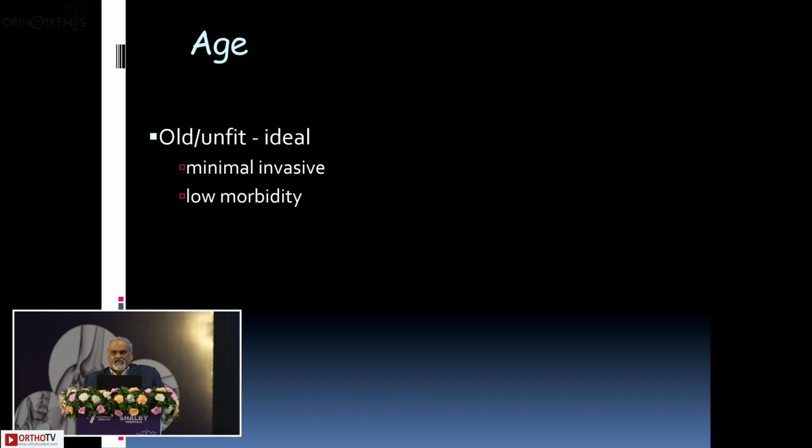Regarding age, an old, unfit patient is an ideal patient, but we tend to define unicompartmental for young patients, while an old patient would probably have this as a final surgery. Because of the low morbidity associated with a unicompartmental, it is probably ideal for some of these patients.